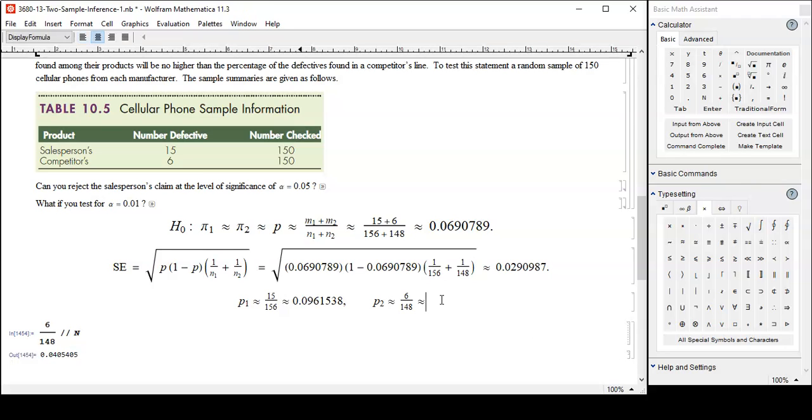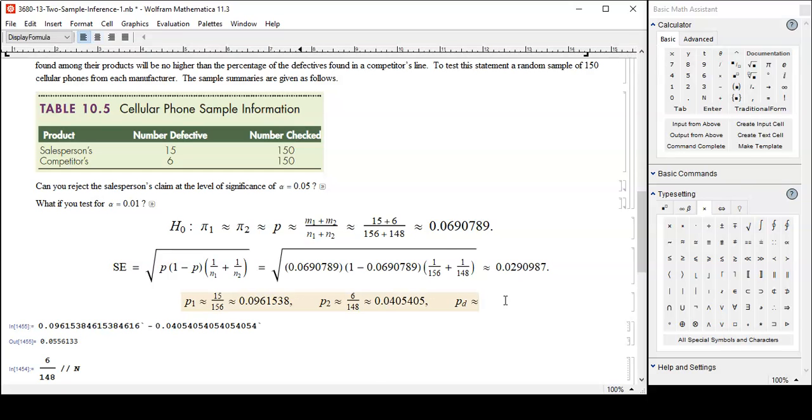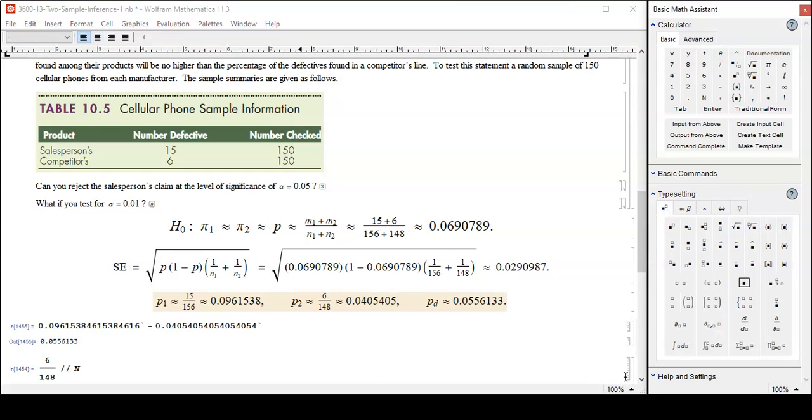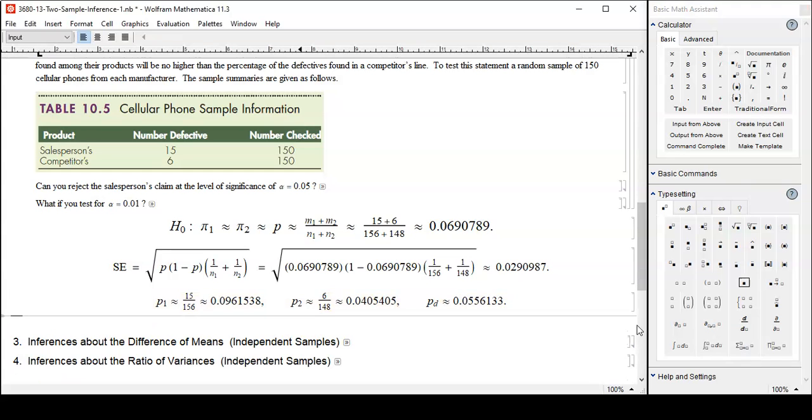I have something like this. And the difference between the two is this minus that. And here we go. And then you can continue with your hypothesis testing with this.